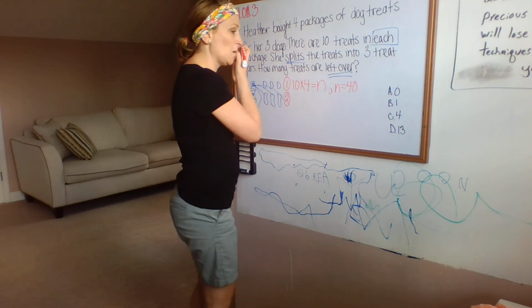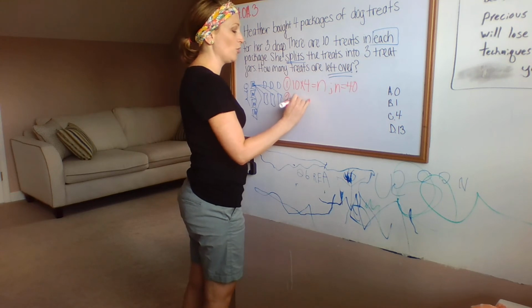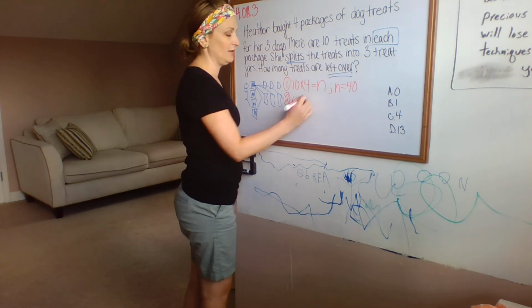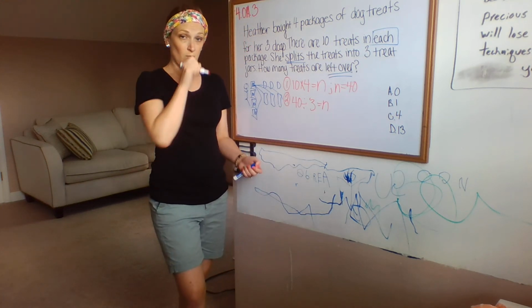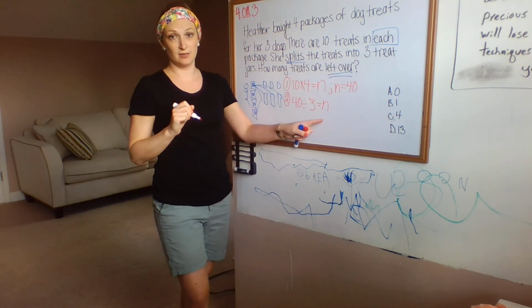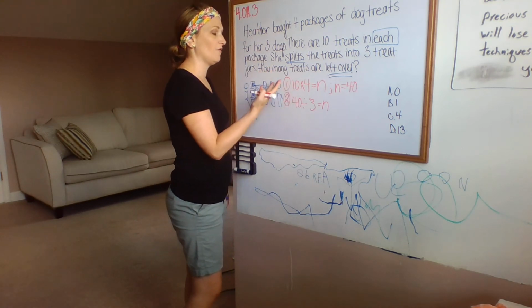Okay, so that's my next step. Now I need to divide. So I'm going to take 40, I'm going to split them into 3 jars, and then I'm going to have the quotient. Okay, but remember, we always want to go back to that question, what are we solving for?